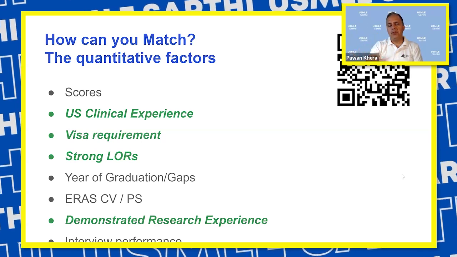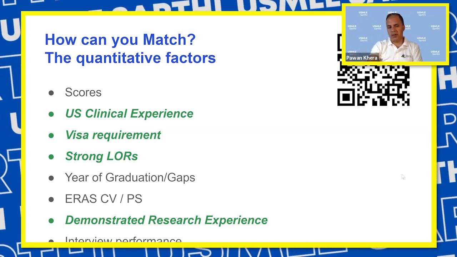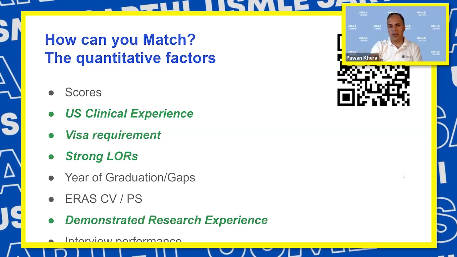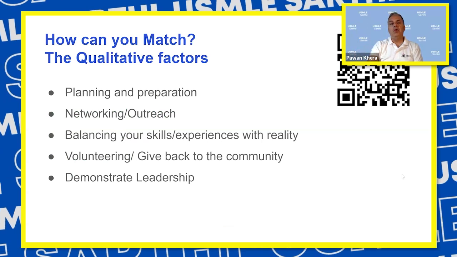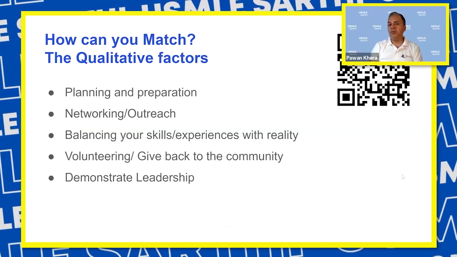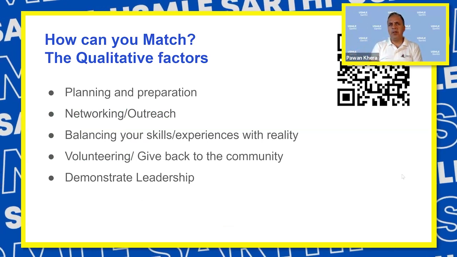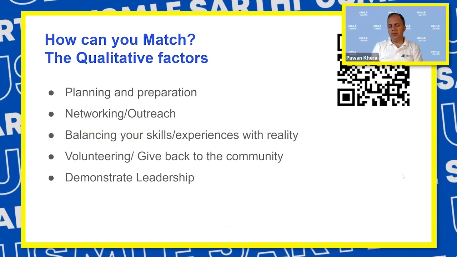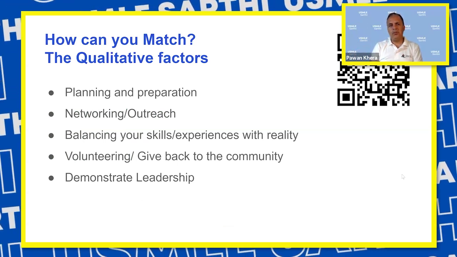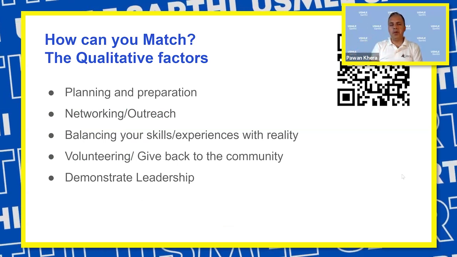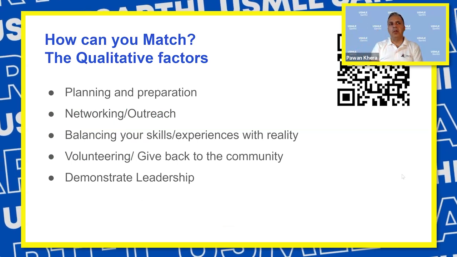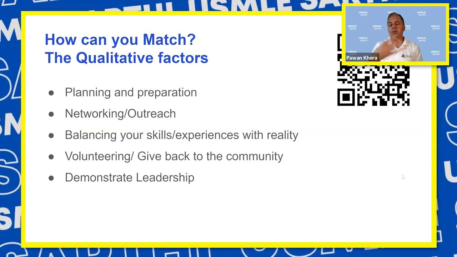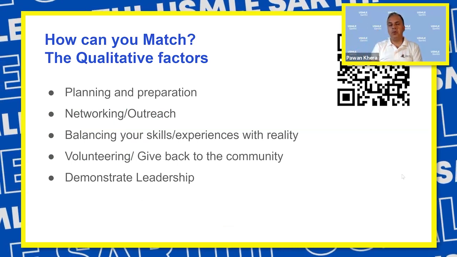Okay, so these are some of the very quantitative factors that determine the match, but there are qualitative factors also. We did a webinar, I think, 2 weeks ago, where we spoke about mistakes. Some of the qualitative factors will be in the background, so you won't really see them on the CV.